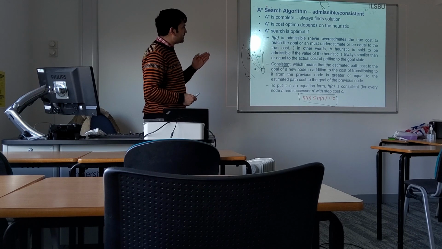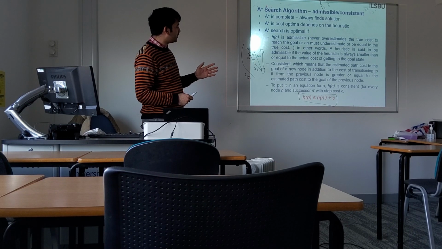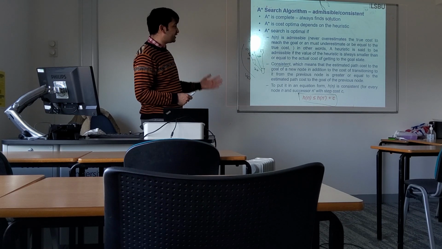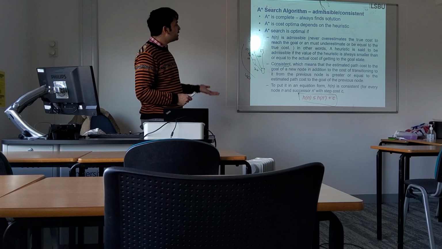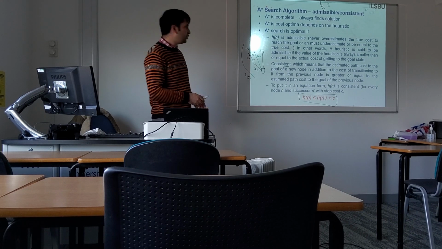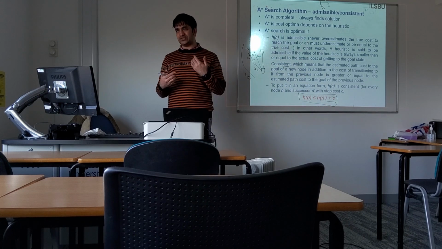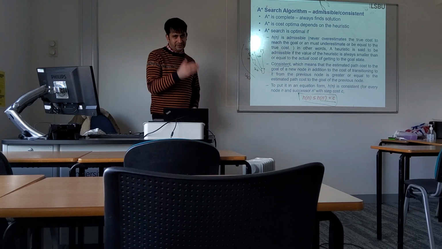So the estimated path cost to the goal of a new node, in addition to the cost of transition to it from the previous node, is greater or equal to the estimated path cost to the goal of the previous node. This condition should be satisfied for your algorithm to be consistent.